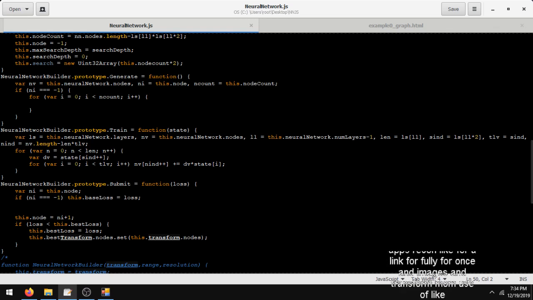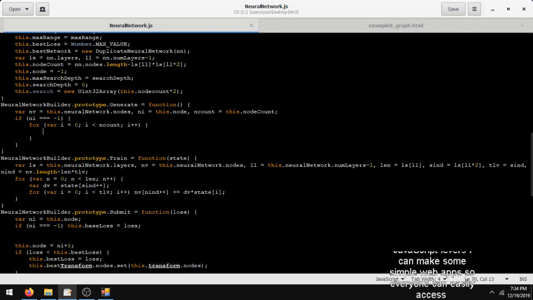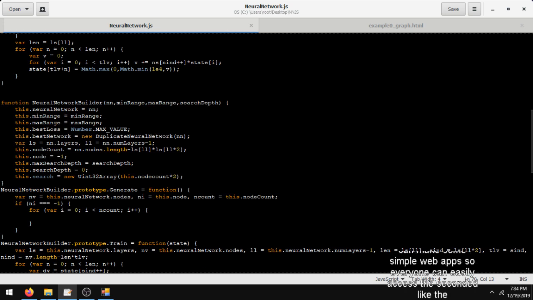Do some text generation, maybe even some audio generation. So that's why I want to make it as a JavaScript library, so I can make some simple web apps that everyone can easily access. Just like how I made the blue noise generator.